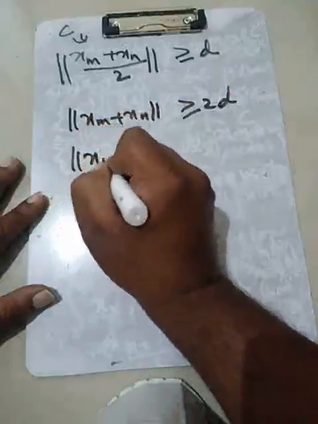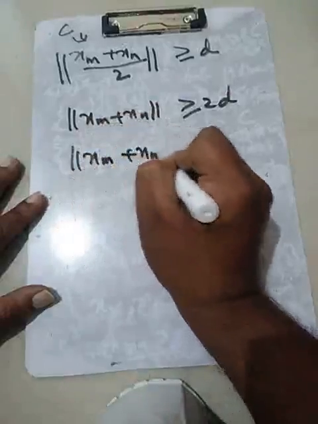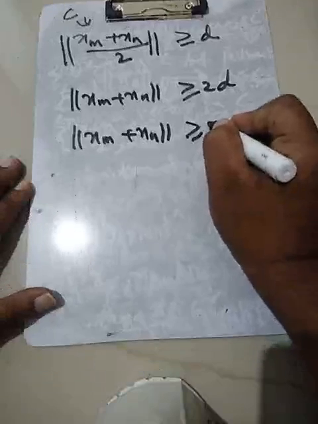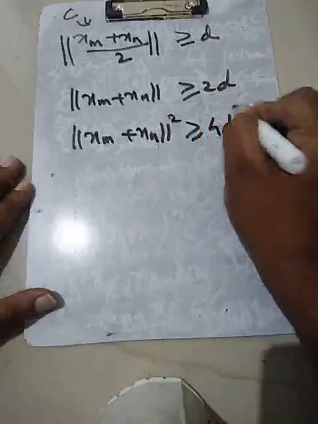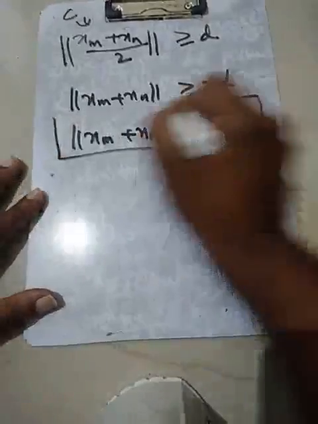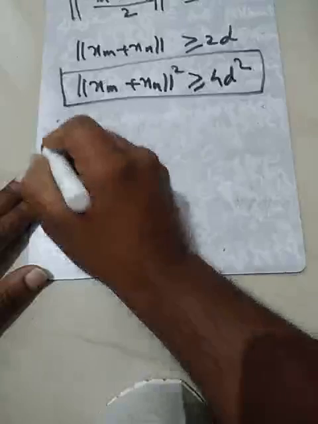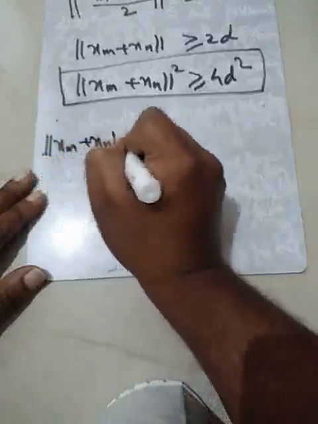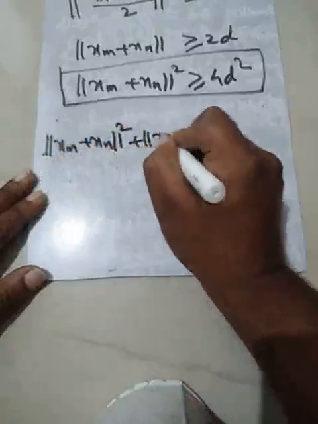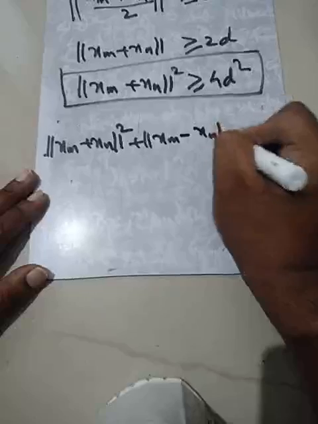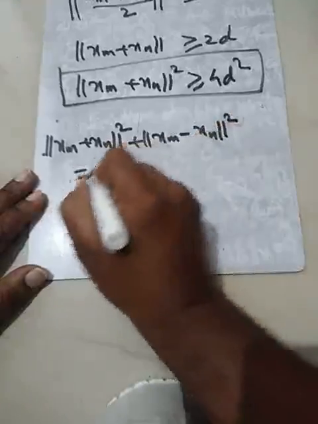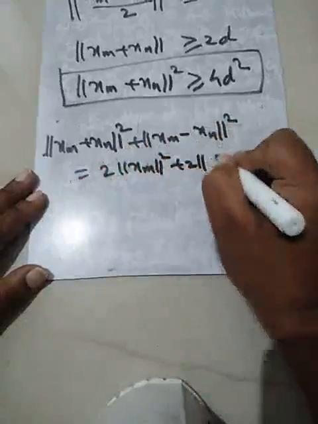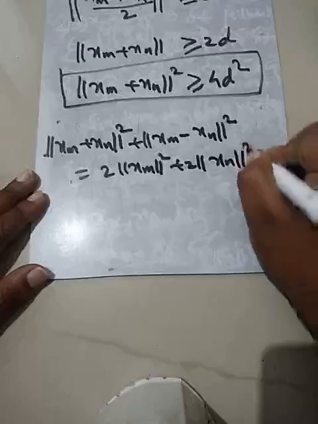So the norm of xm plus xn, squared, is greater than or equal to 4D squared. So we have this thing. Use the parallelogram law. So what do we have? Parallelogram law: norm of xm plus xn whole square plus norm of xm minus xn whole square is equal to 2 times norm of xm whole square plus 2 times norm of xn whole square.